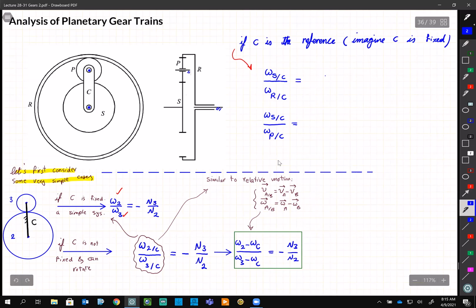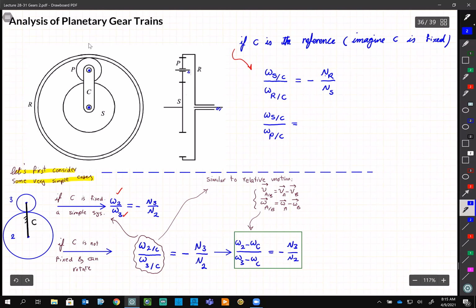Okay, let's solve the first one. If we have this setup, meaning that C is being fixed, what is omega S to omega R? So we know it's going to be minus NR over NS, right? Because, look, if it's difficult to look at the right picture, look at the left picture. It's a simple system and P is going to be redundant, right?